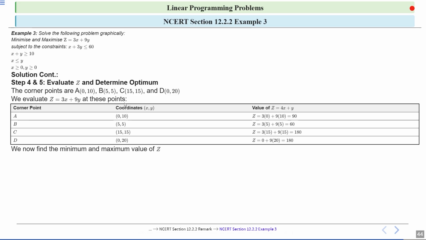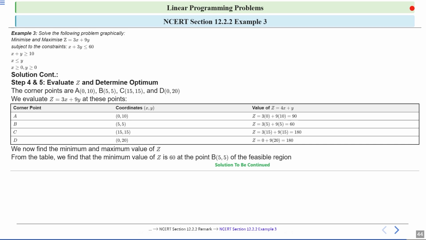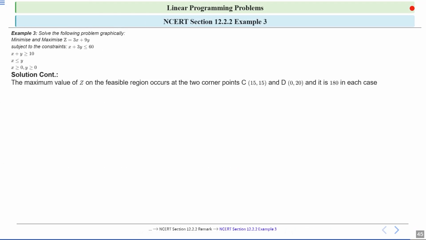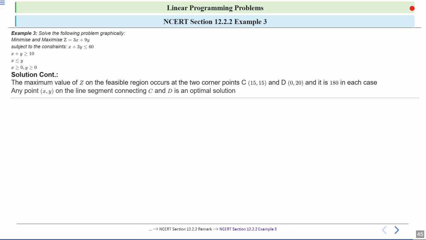And we now find the minimum and maximum value of Z. From the table, we find the minimum value of Z is 60 at the point B (5, 5) of the feasible region. The maximum value of Z on the feasible region occurs at the two corner points C (15, 15) and D (0, 20), and it is 180 in each case.